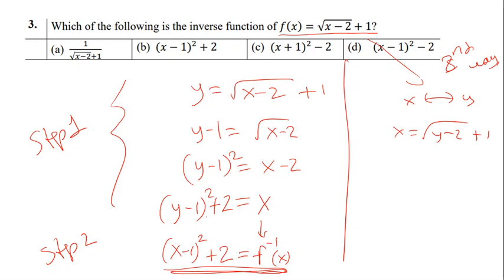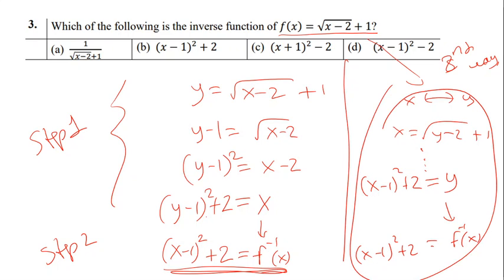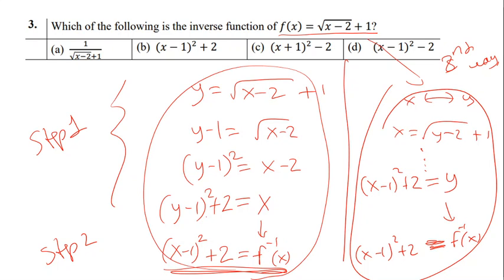And then they find y. They find this one x minus 1 squared plus 2. And they say f inverse of x, and then this is x minus 1 squared plus 2. This is another way. I mean, you can do it also. But we are doing it this way for a reason. I mean, when we have a question about restricted domain, this method works better, not this one.